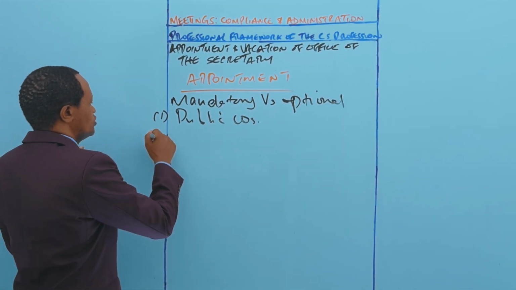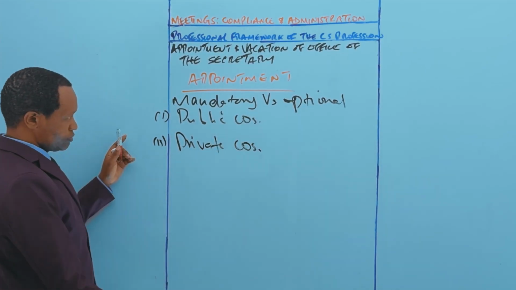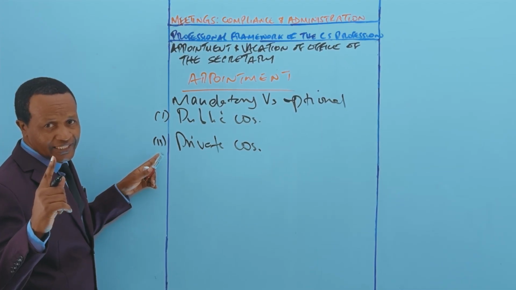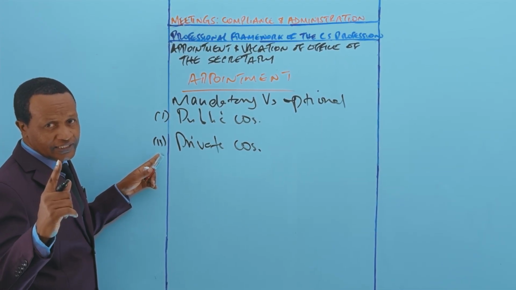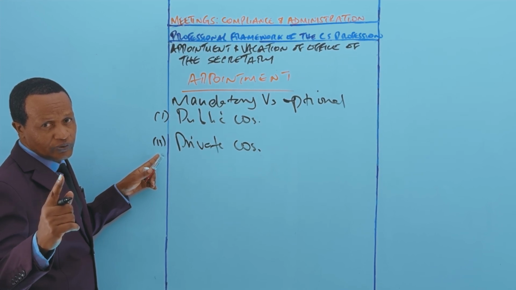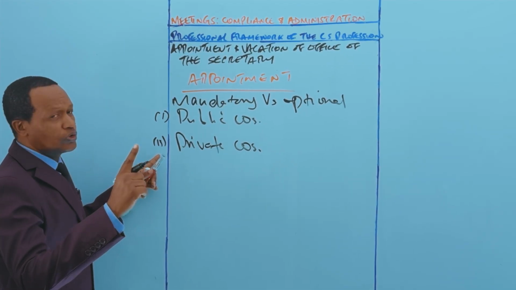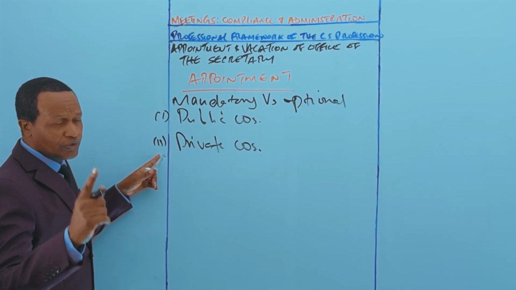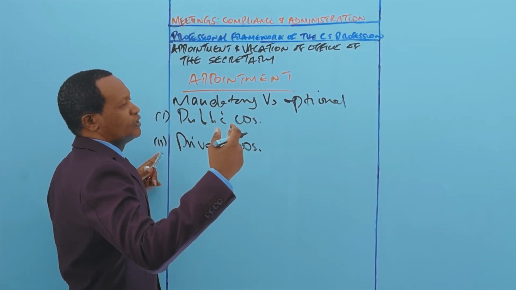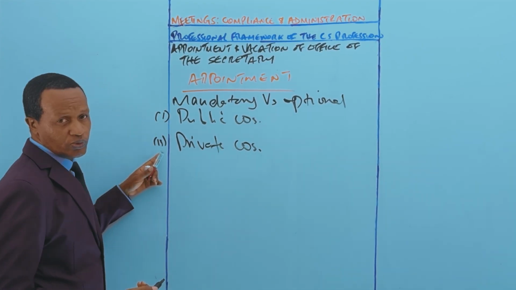Then number two, we have private companies. For private companies, it's not mandatory unless the paid up capital is 5 million Kenya shillings or more. So private companies are only required to have a secretary if their paid up capital is 5 million Kenya shillings or more.